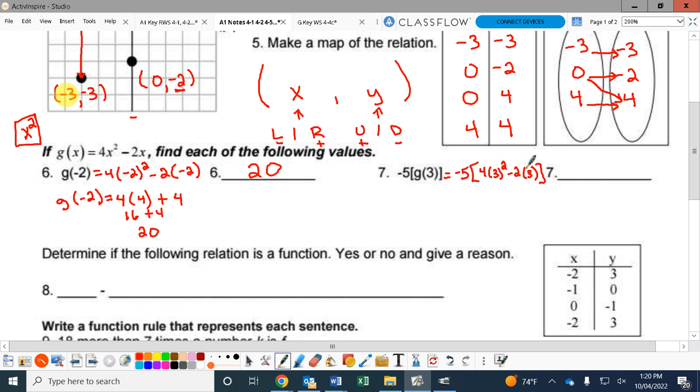I'll say it again. 4 times 3 squared minus 2 times 3. What is that part of it? 30. And then -5 times 30 would put you at -150.